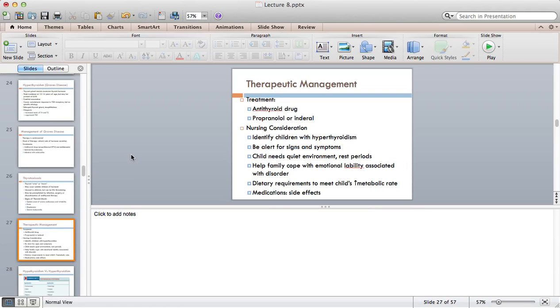PTU can be one of those. One thing we need to do would be good vital signs and monitoring of the patient, because we would like to identify those patients with hyperthyroidism. We would like to note their signs and symptoms.